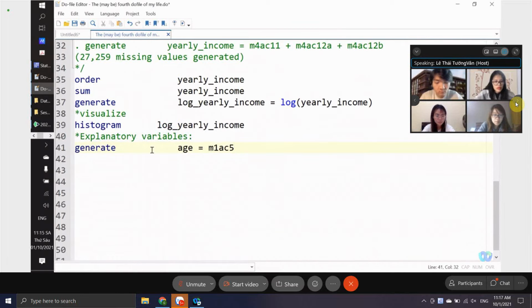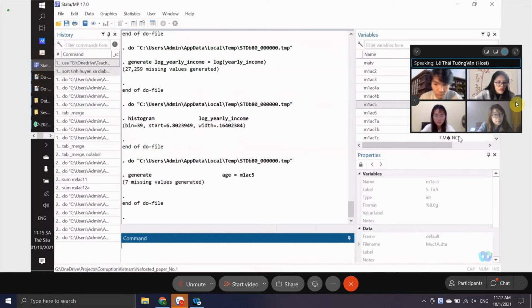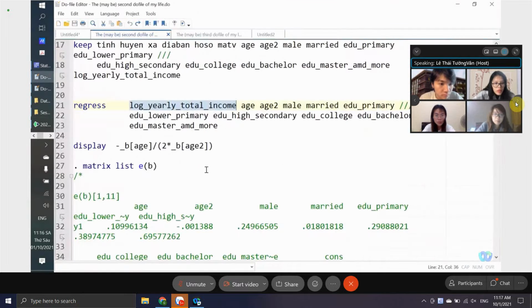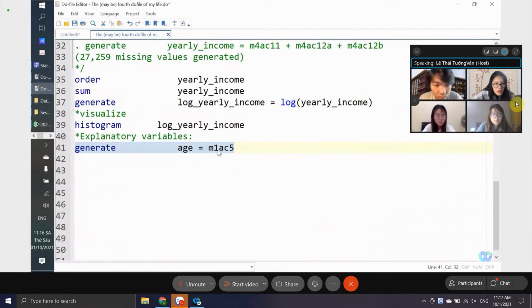Generate. If you run the command, you would have the new variable age. Now you can still leave the variables as is if you don't want to rename, and keep it as the variable m1 ac5.